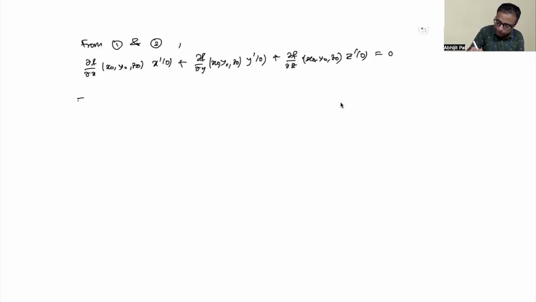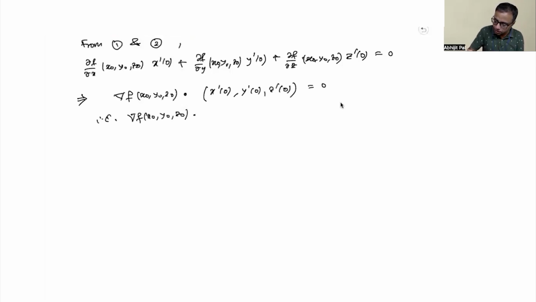So this shows that if I take the grad of f at the point x naught, y naught, z naught and take the dot product with x prime 0, y prime 0, z prime 0, this is equal to 0. That is, this grad of f at the point x naught, y naught, z naught is perpendicular, or orthogonal, to this tangent vector alpha prime 0.